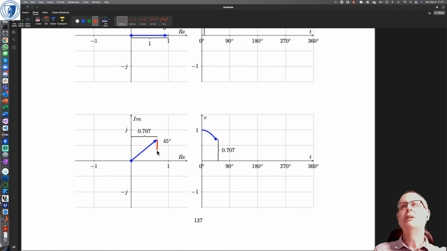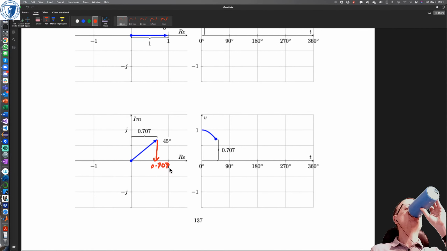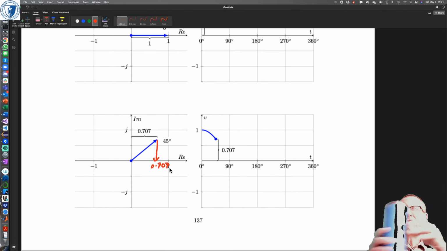and that means the projection of that onto the real axis is 1 on root 2. Okay, 0.707 to 3 significant figures.